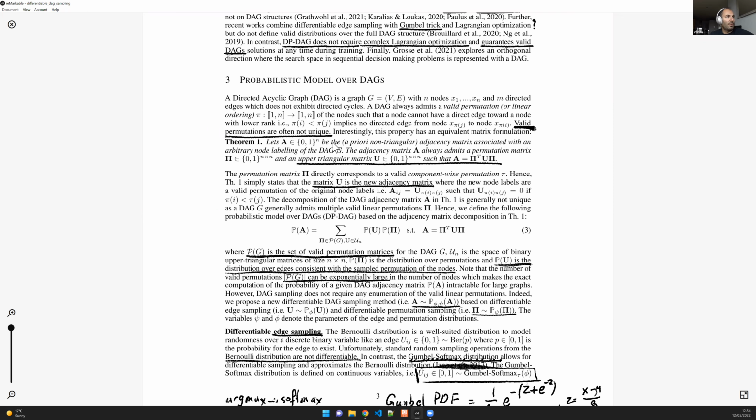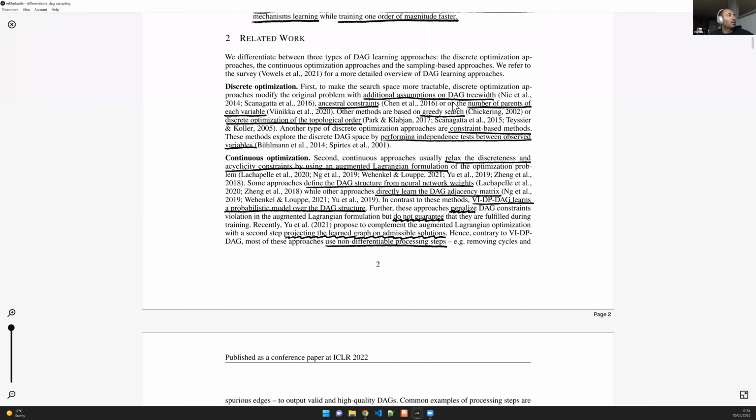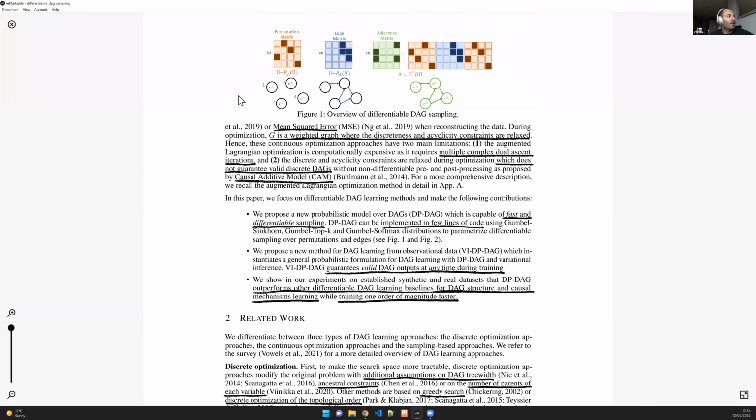And then there is this theorem, which formalizes what we spoke about before about this figure here, that we can represent the DAG as a permutation matrix and an upper diagonal matrix. Okay. So basically, this upper diagonal matrix serves as an adjacency matrix.